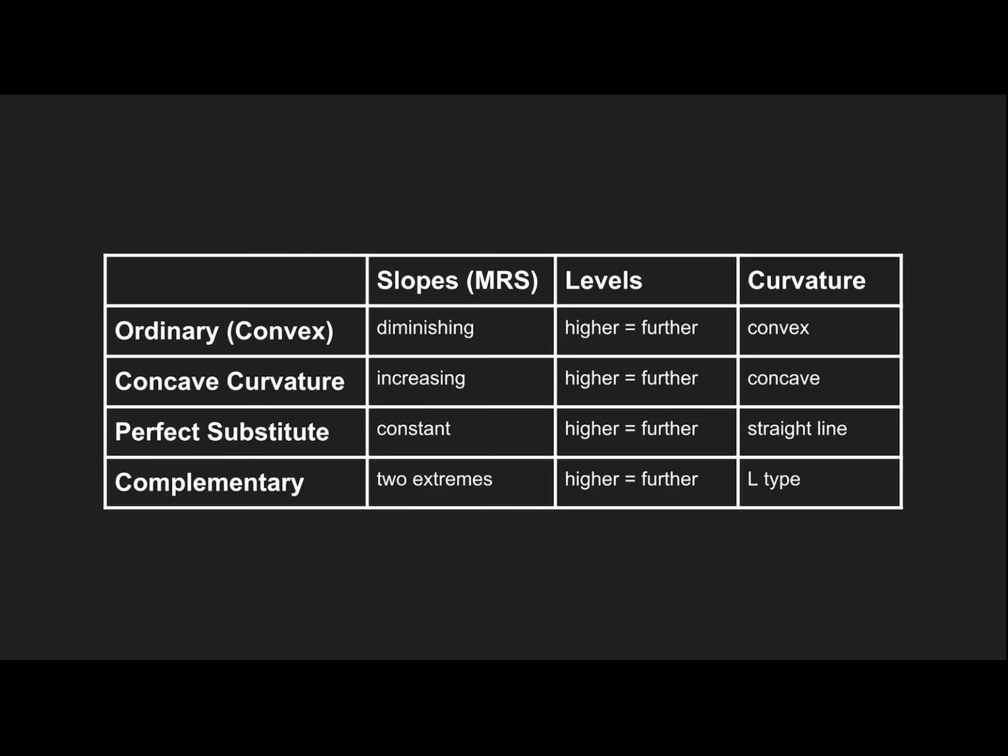For each of the four scenarios, the first one is ordinary. We have a very ordinary, traditional, or convex indifference curve, and the second one is concave curvature, the third one will be perfect substitute, and the fourth one will be complementary. For the ordinary indifference curve, the slope is down. The slope is negative, which means the MRS is diminishing.